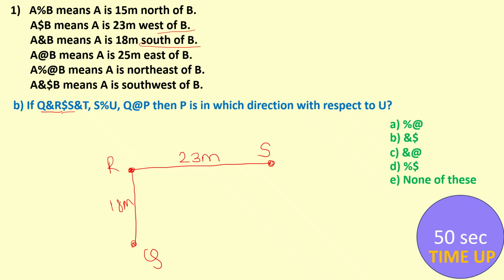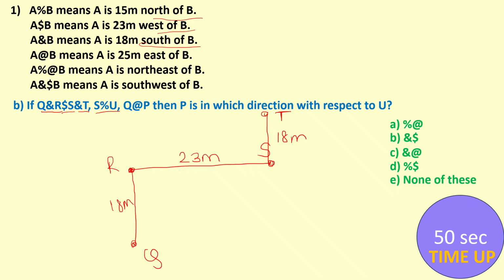Next, what they have given? S and T. S and T means S is to the south of T by 18 meter. So I'll place here T and this is your 18 meter. Next, S percentage U. S percentage U means S is to the north of U by 15 meter.